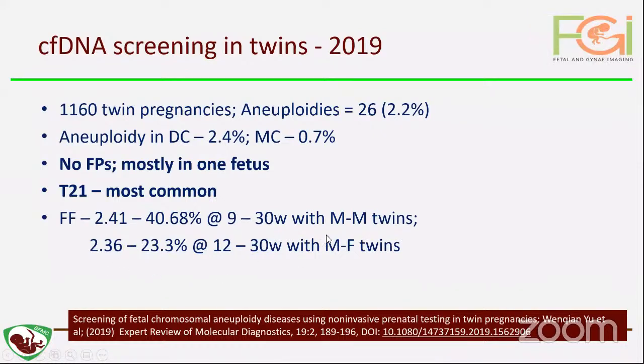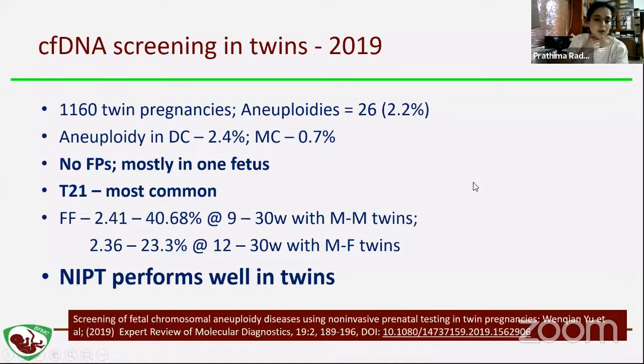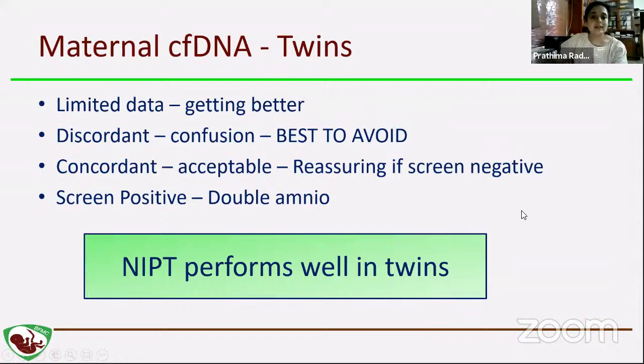However, a little bit less variation in the male-female twins. So this is the issue, because you may have a fetal fraction which may not be so reliable. But all in all, NIPT seems to be performing well in twins as well when it comes to major chromosomal abnormalities, particularly trisomy 21, right? There is limited data, but it is certainly getting better.